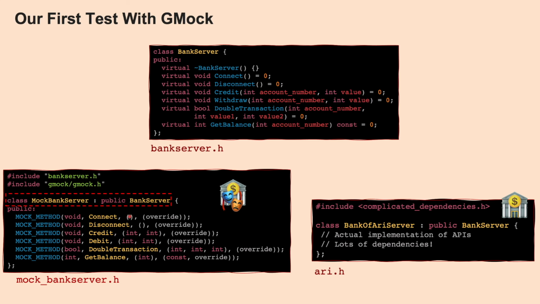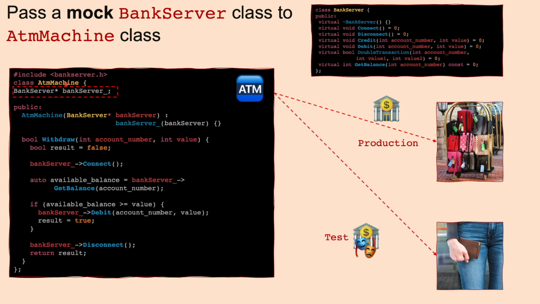Remember that using dependency injection, we pass either this class or this class to our ATM machine. In particular, our ATM machine had one member variable, which was of type the interface, and in the constructor, we inject either the production class or the test class that inherit from the bank server interface.